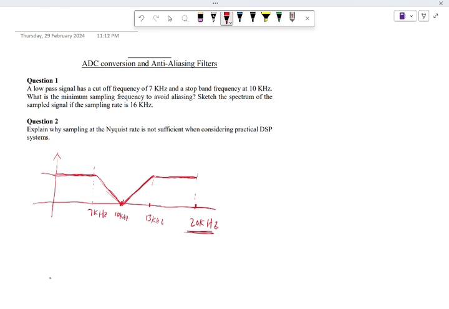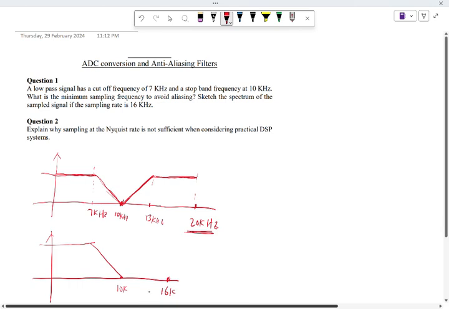The next part of the question asks what happens if you have a sampling frequency lower than that, for example 16. All right, so this is 10K, and if we say we have 16K, what happens?